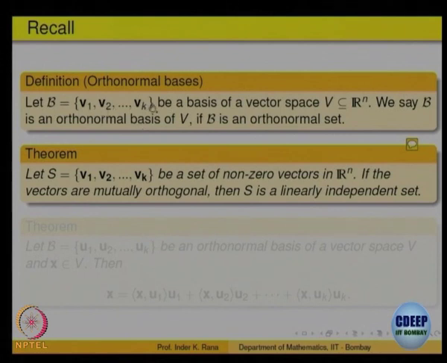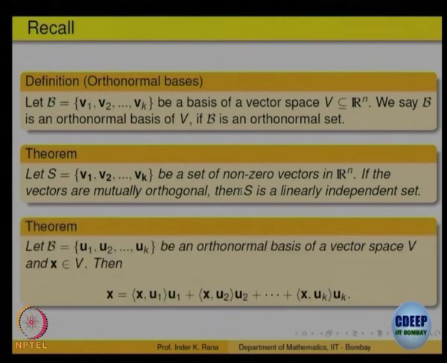And then we proved a result that if a set of vectors is orthogonal, and of course none of them is 0, then it is linearly independent.